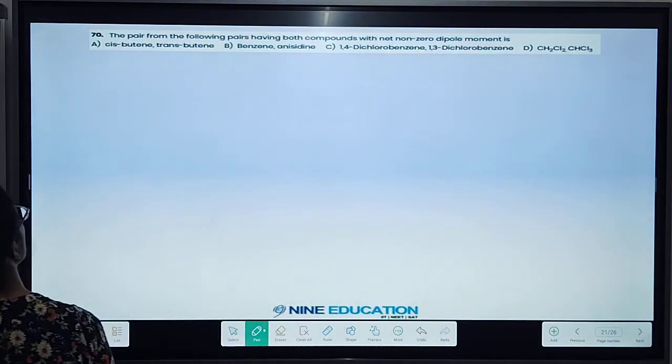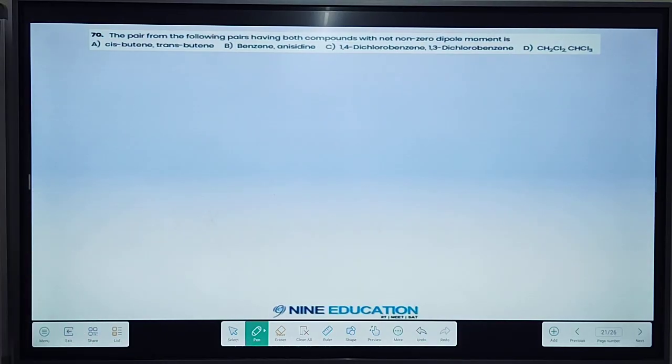Next, we have the question: the pair from the following pairs having both compounds with net non-zero dipole moment.